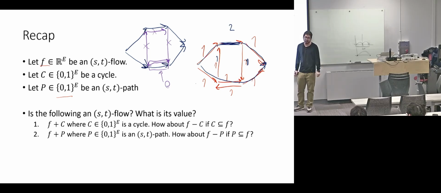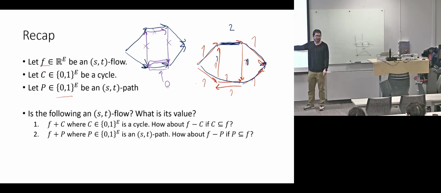P might exceed the capacity already. The flow conservation still holds because we only care about every place except S and T. And at every place except S and T, flow conservation for the path is true. So flow conservation is fine for this, but you might again exceed the capacity.